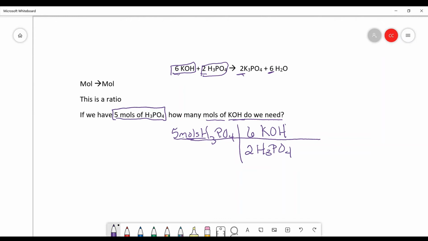So moles of H3PO4 cancel out, and we're left with KOH. 5 times 6 is 30, divided by 2 is 15. So we need 15 moles of KOH.